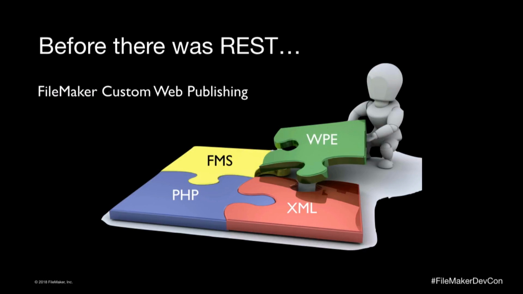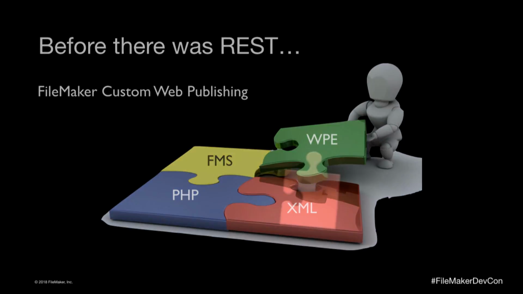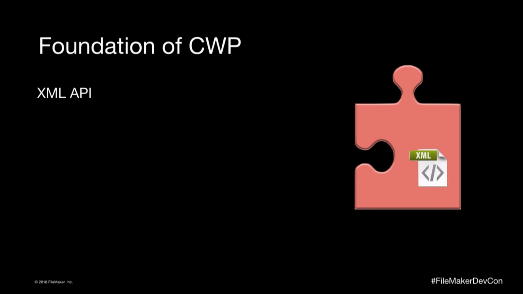So let's talk a little bit about where we were before there really was a data API. This is the custom web publishing engine. It is based on an XML API and has been available since FileMaker 7.